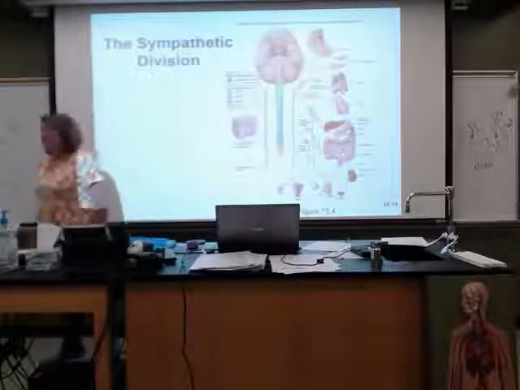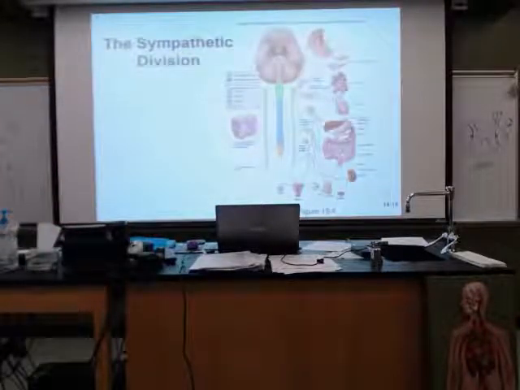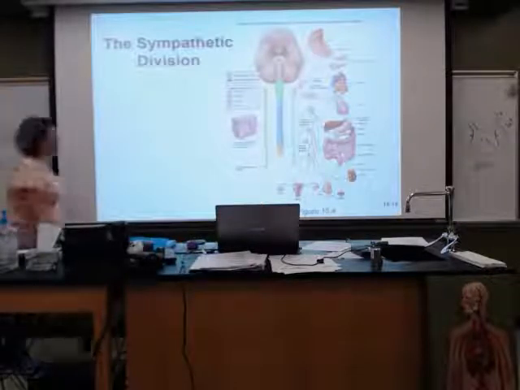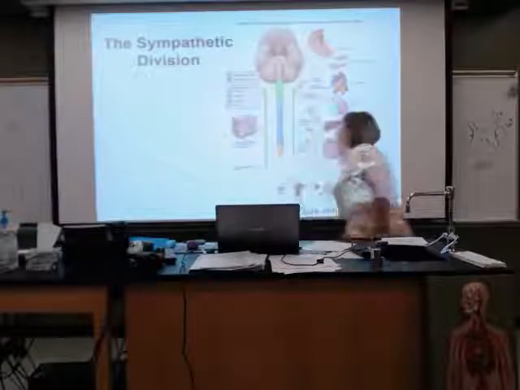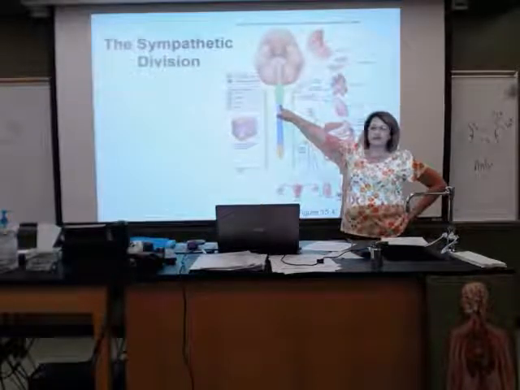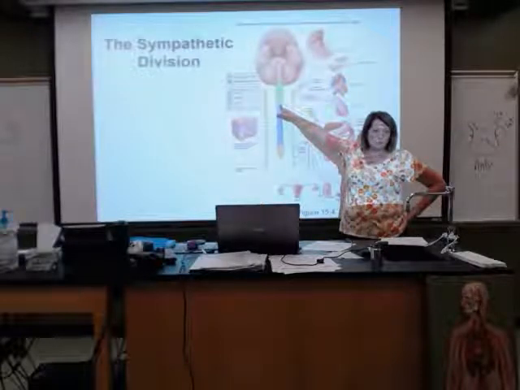Now, if we look at a picture representation, this is what it's telling us. The nerve cell body is in the lateral horn.